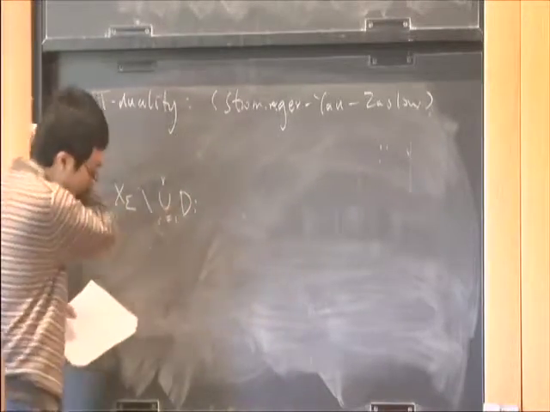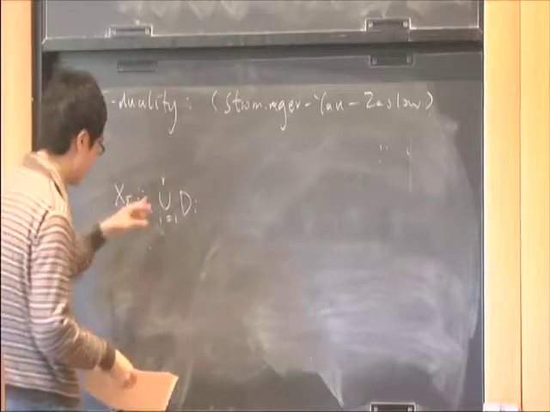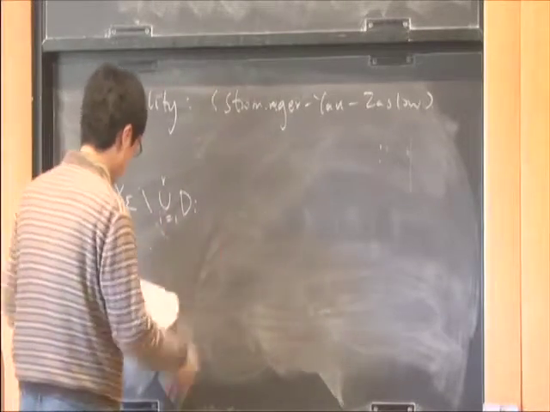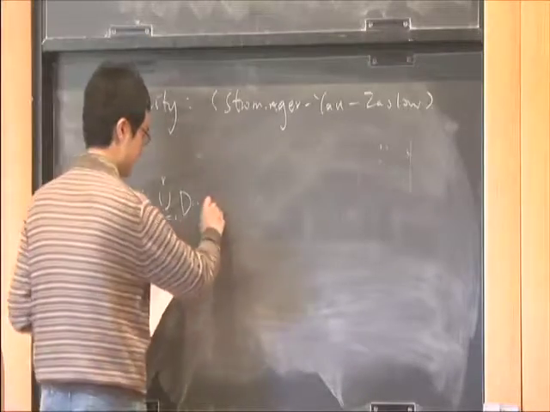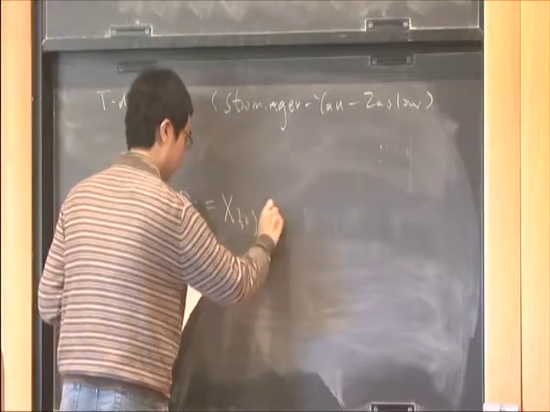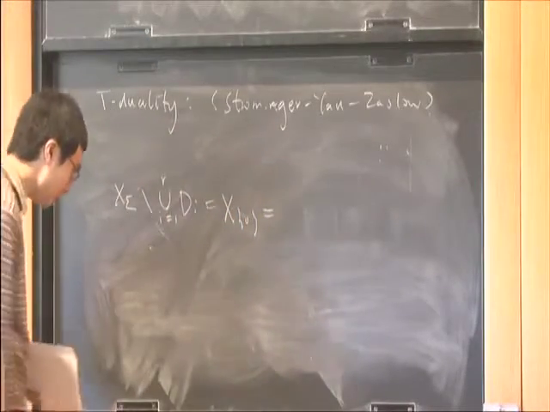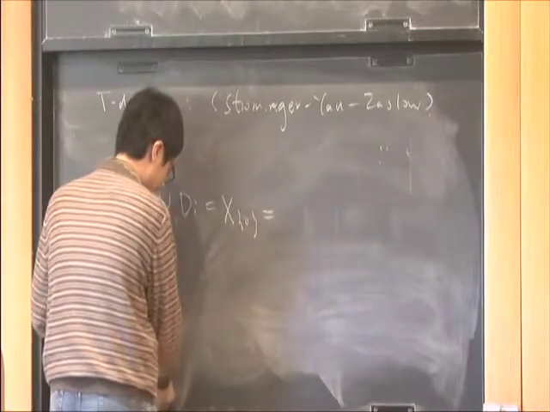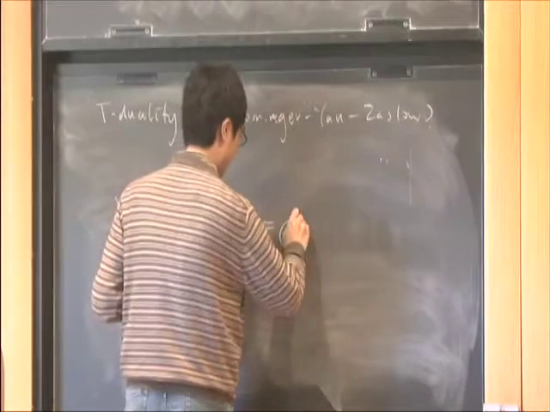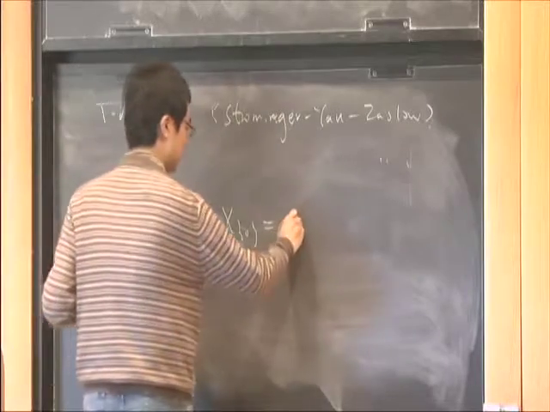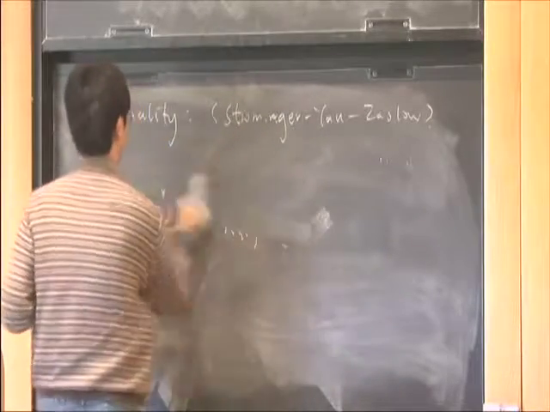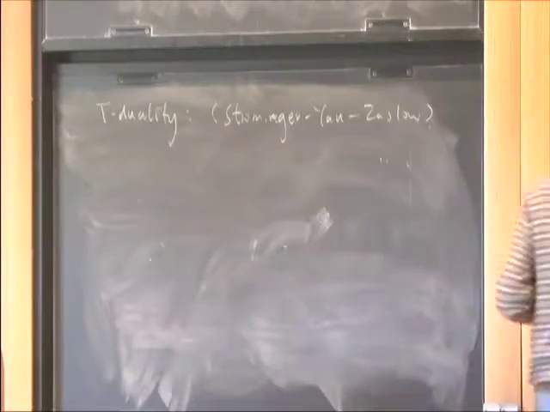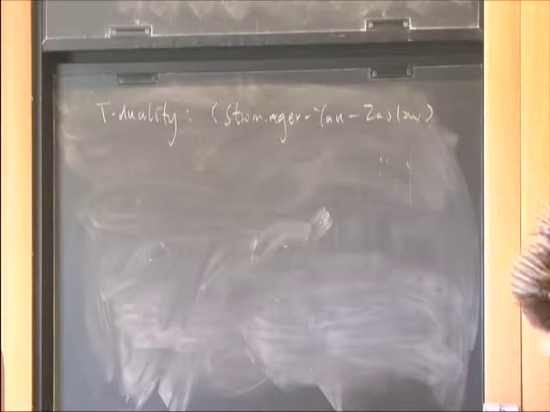So this is the direct sum. The union of D_1 to D_r is an anti-canonical divisor. This is simply X corresponding to the 0 point as a cone, that is (C^*)^n.